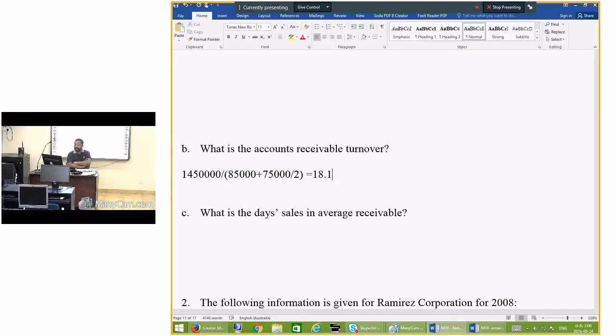Then what is the days sales in average receivable?